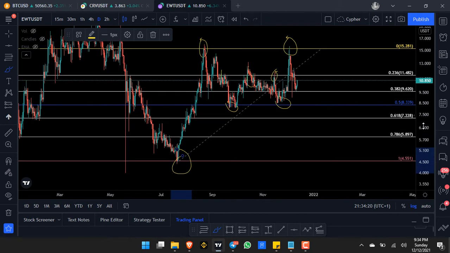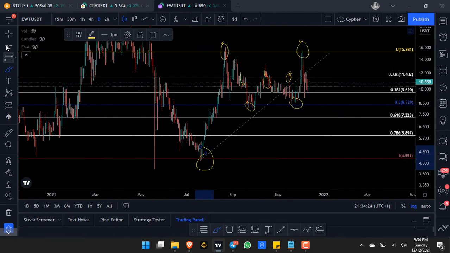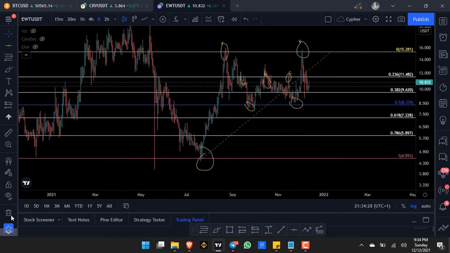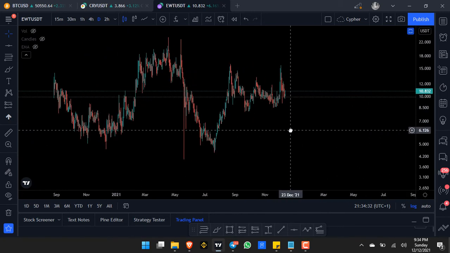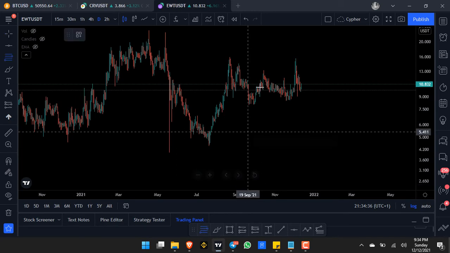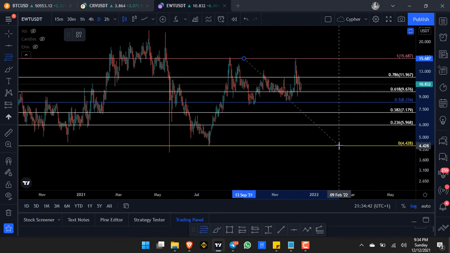So using this tool, it will be easier for you to plot your support and resistance levels. So this is the trick. The first thing you want to do is determine if the market is in an uptrend or a downtrend. If it's in a downtrend, you want to start your fib tool from the highest level that price got to the lowest level.